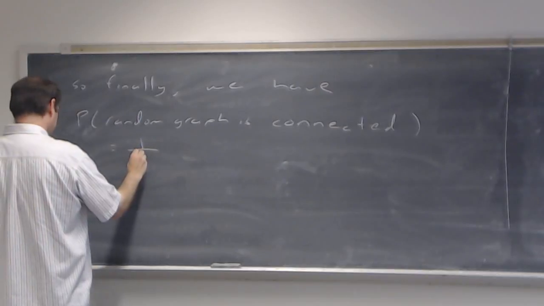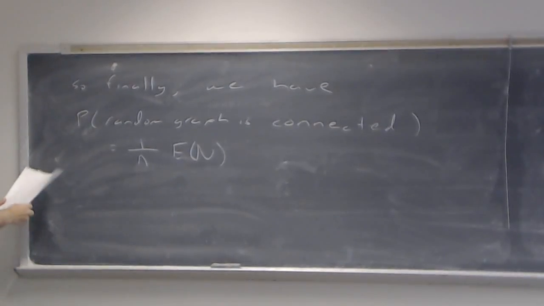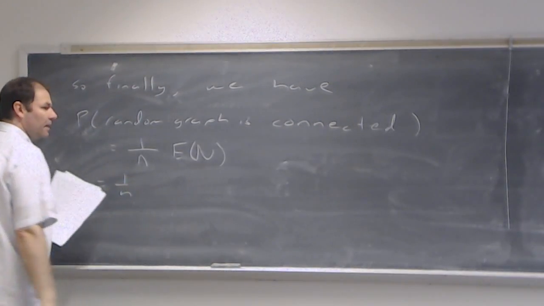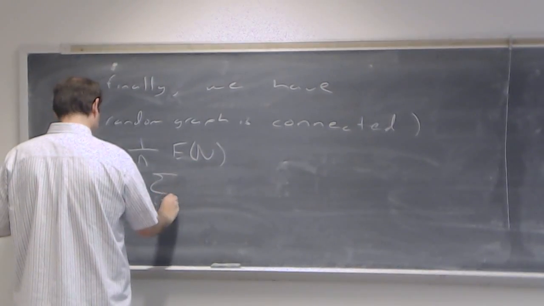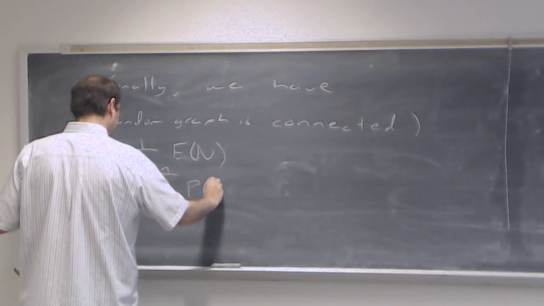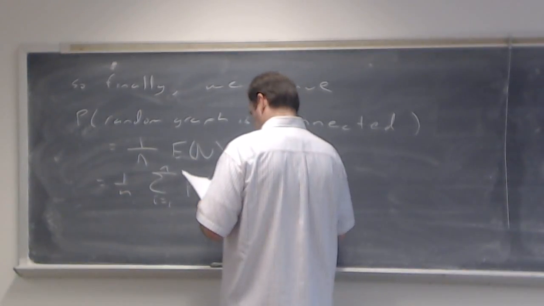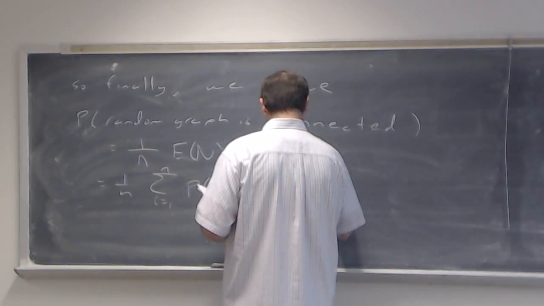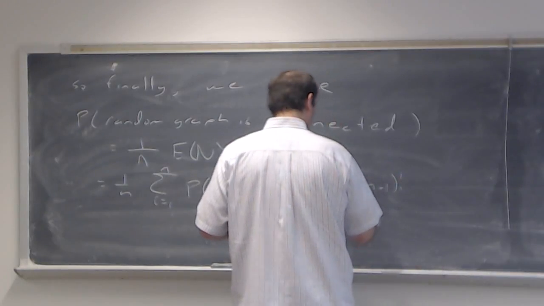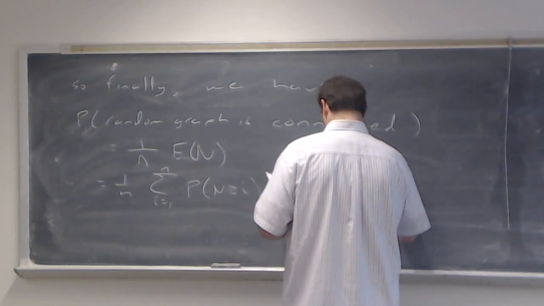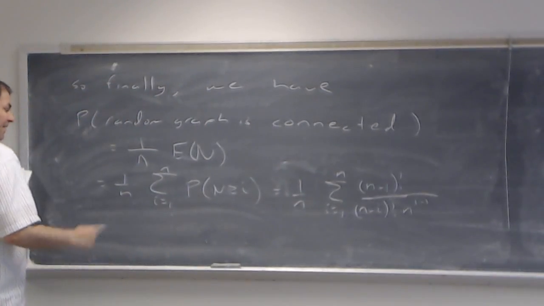Remember, it's equal to 1 over n times the expected value of big N. And the expected value of that big N was this sum, because I runs from 1 to n, of the probability that big N was greater than or equal to I. That's equal to 1 over n times the sum as I runs from 1 to n of n minus 1 factorial over n minus I factorial, n raised to the I minus 1, because that's what we just computed. And that's a form of the answer.